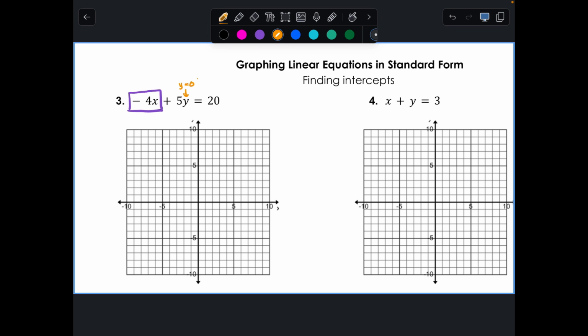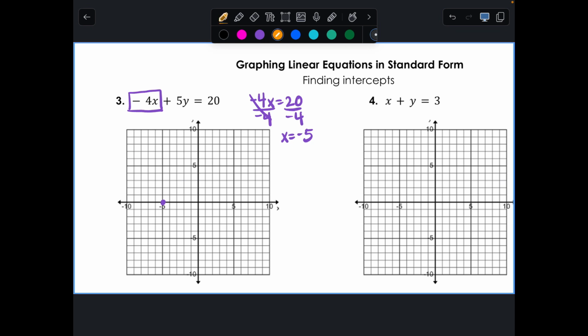And if y equals 0, then this whole part of the equation is gone. So we're going to write negative 4x equals 20 and solve that. I would divide by negative 4. X equals positive 5. That's my x-intercept. So plot that on the graph. Sorry, negative 5. Appreciate that. Negative 5.